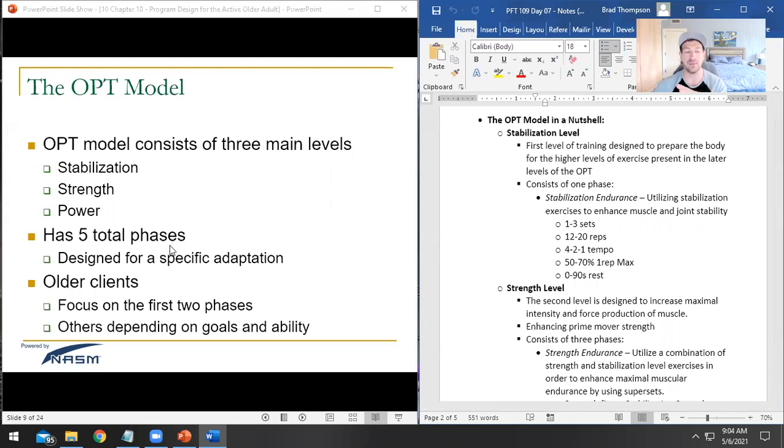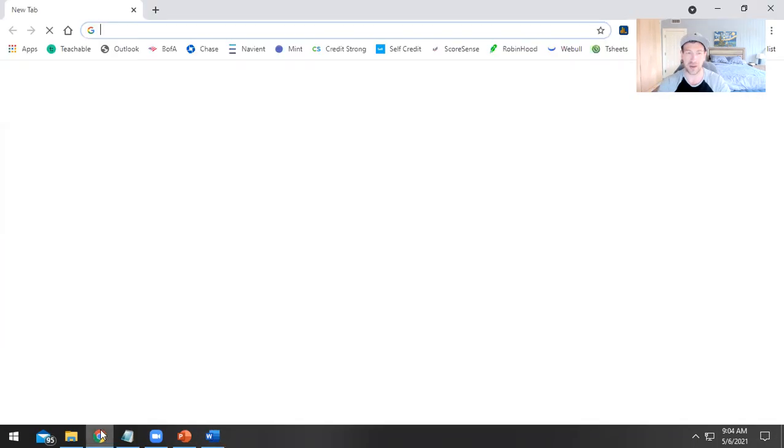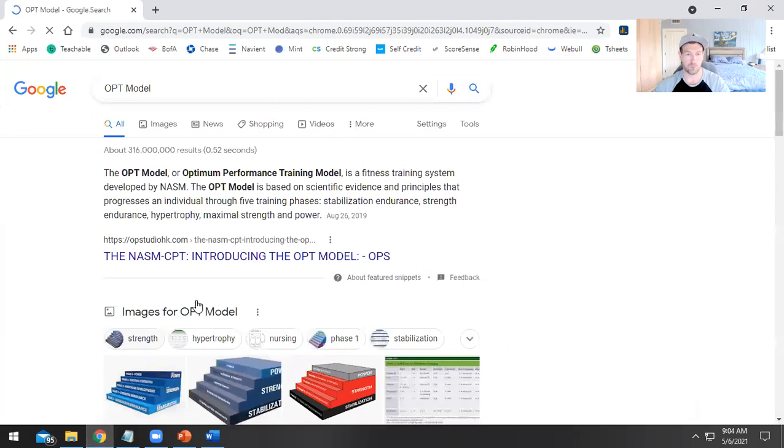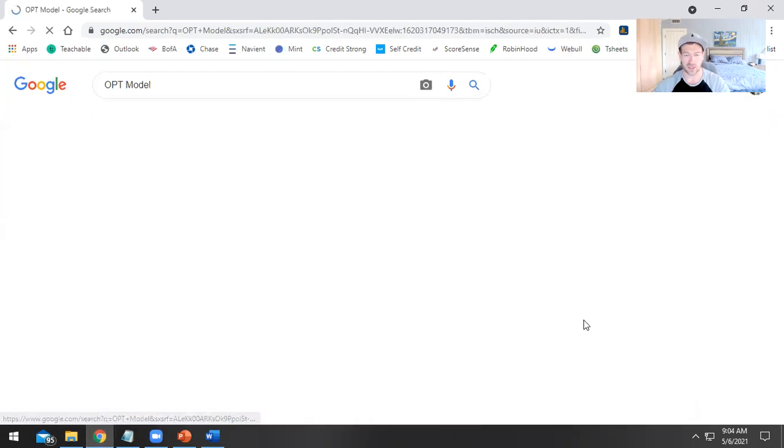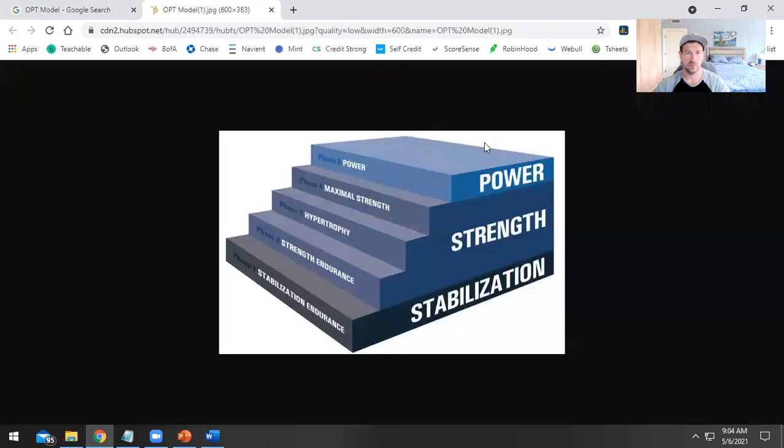So looking at the stabilization phase, if we're looking at this first level of training, which only has one phase within it, look at the OPT model here. In terms of exercise selection, for the stabilization level you are only going to pick one phase, stabilization endurance.